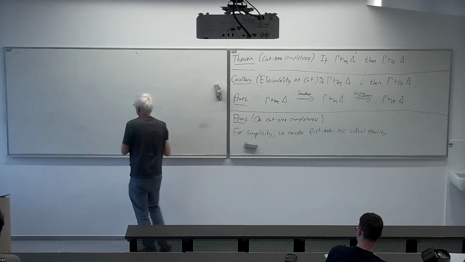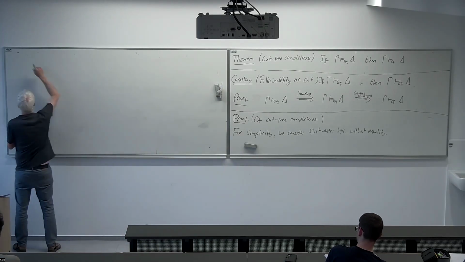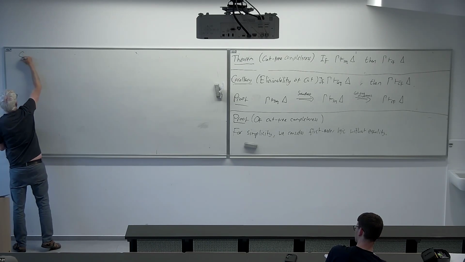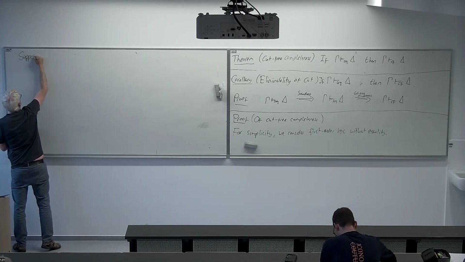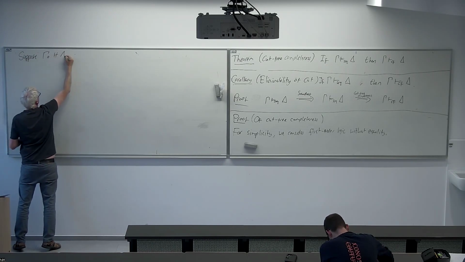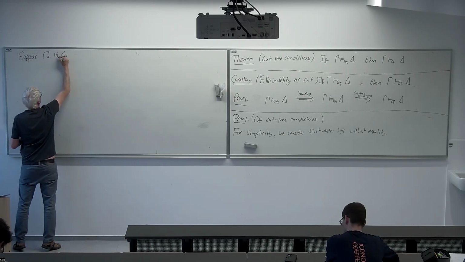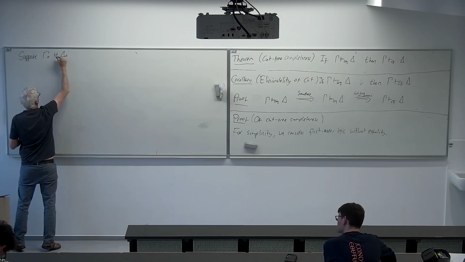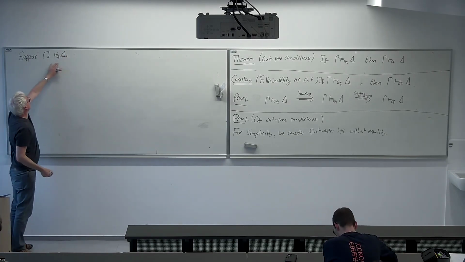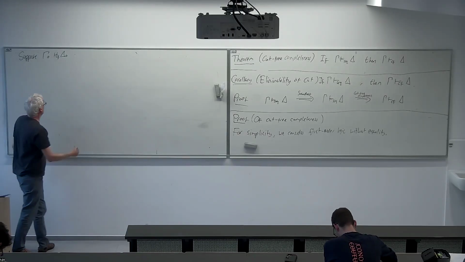So suppose that, and I'm going to call it Gamma 0, Delta 0, is not cut-free derivable, so the negation of the cut-free derivability relation holds.